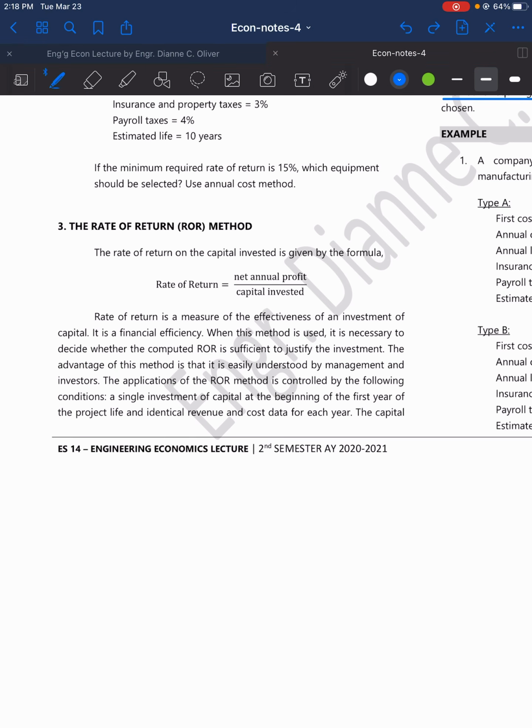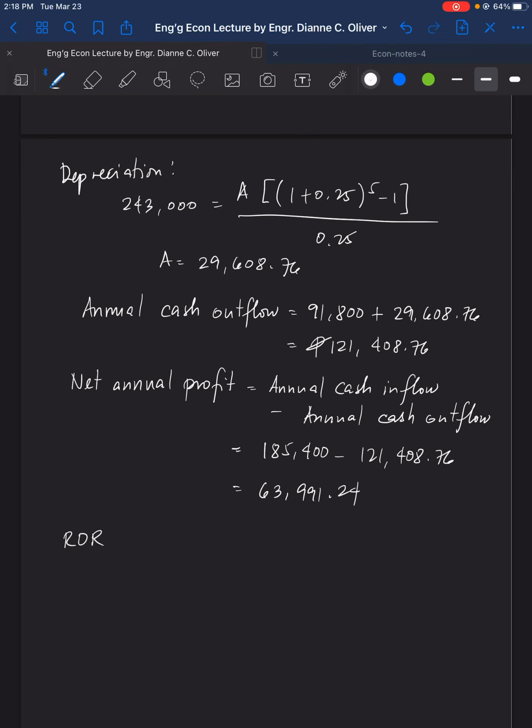What we did is we get the net annual profit divided by the capital invested. So ROR is 63,991.24 divided by the capital invested of 270,000 times 100.